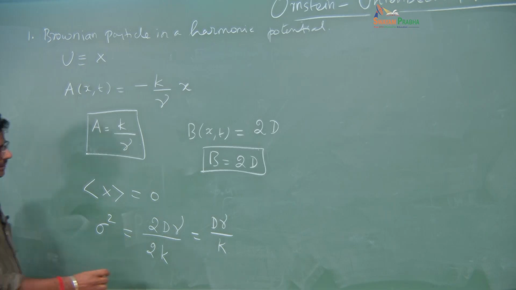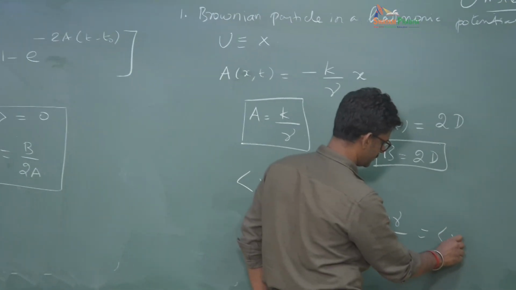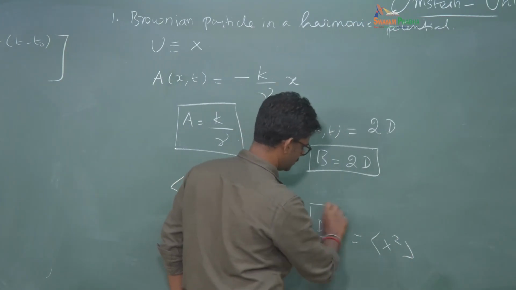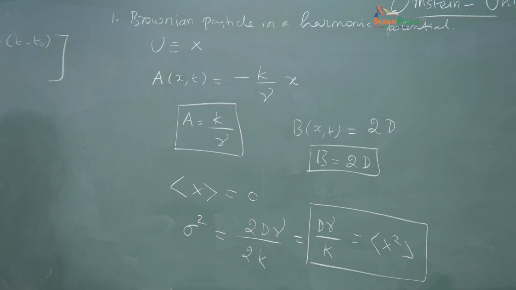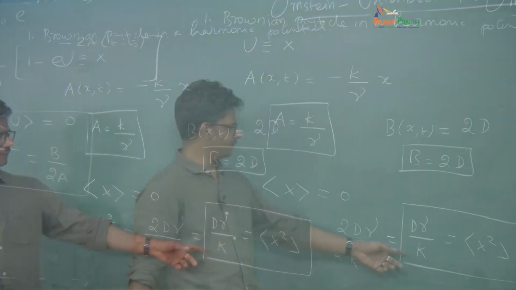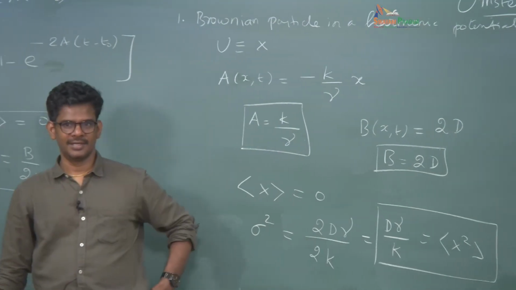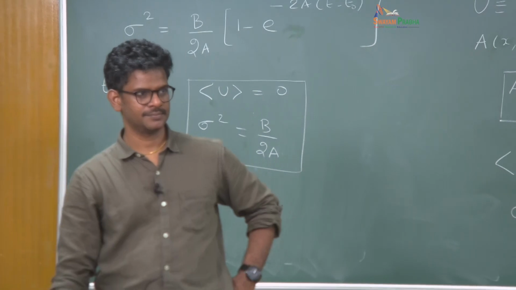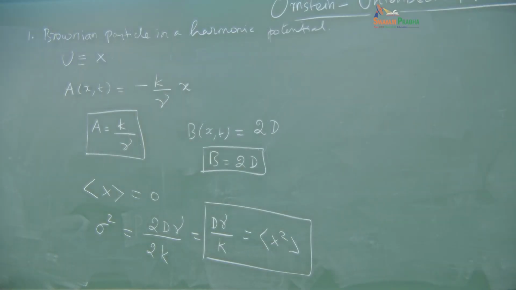So this is actually the mean square displacement of a harmonically bound Brownian particle position. Okay, and this is a value we got from the Langevin approach as well.